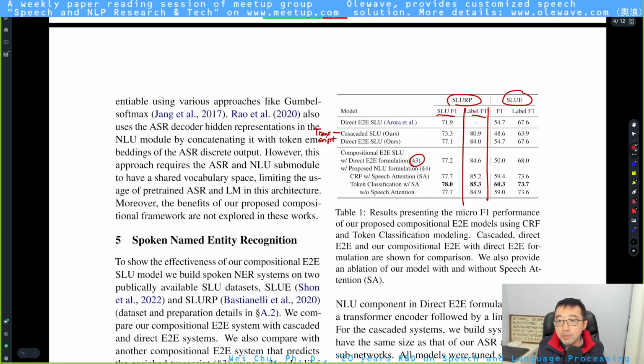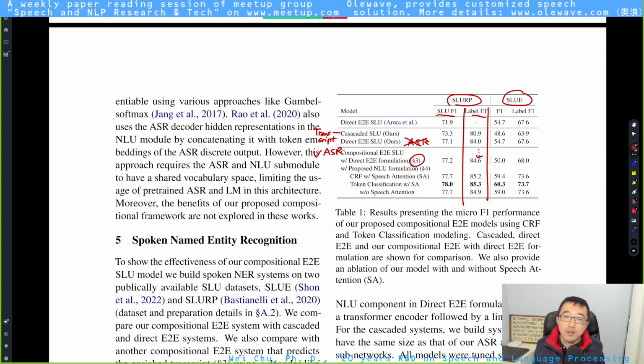But this one uses ASR. Any compositional one uses ASR, but in this way they only use the embeddings output at the decoder output. It gets a slight improvement, not that much.